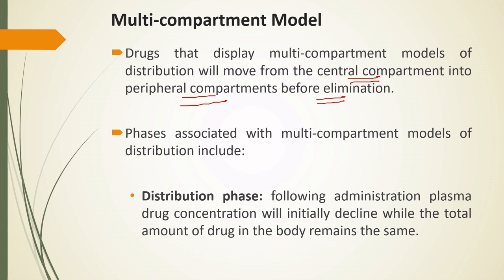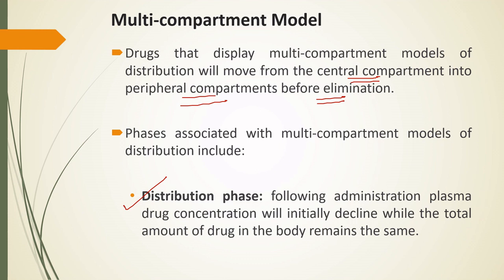The phases of a multi-compartment model: first is the distribution phase. In the distribution phase, following the administration of the drug, the plasma concentration of the drug will initially decline, while the total amount of the drug in the body remains the same. Why is this happening?